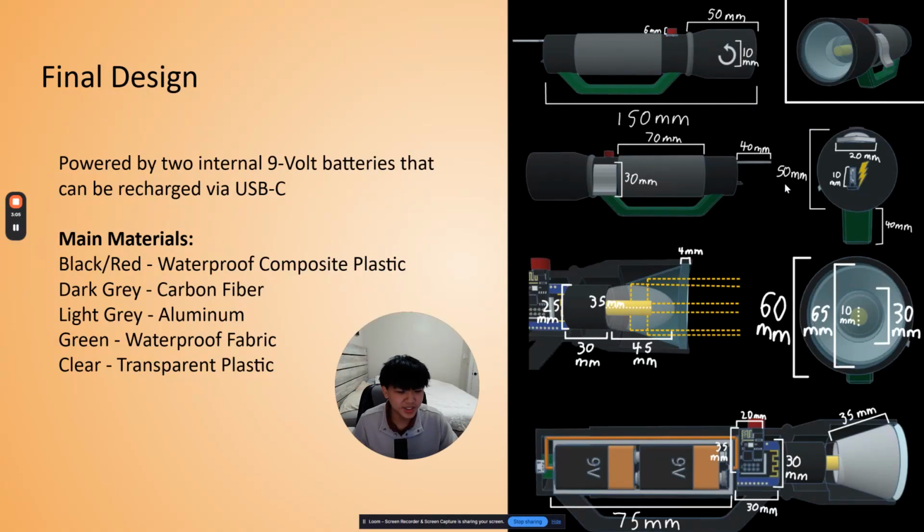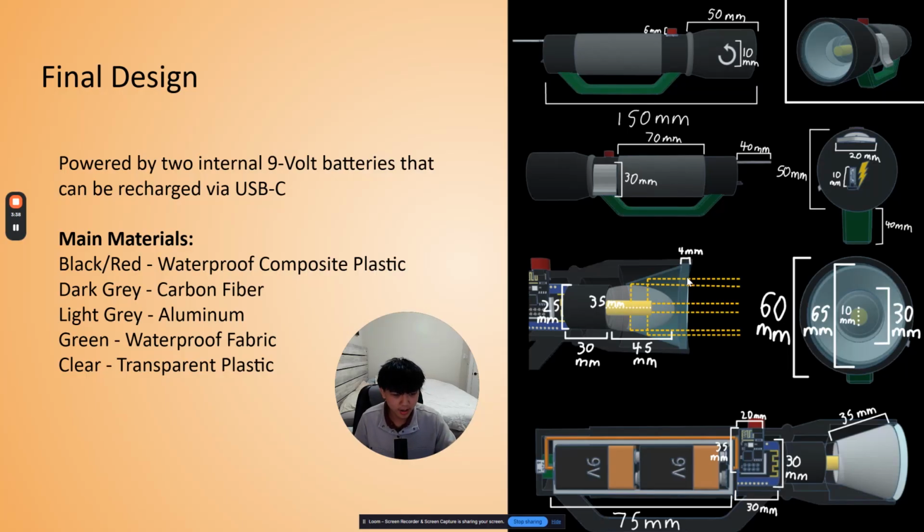The final design can be seen in the technical drawing on the right. So basically, our flashlight is powered by two USB rechargeable 9-volt batteries with a single light bulb, and this light bulb was way bigger than the previous design's light bulbs. It's surrounded by aluminum housing that reflects beams of light, and this housing can also be changed by rotating the front of the flashlight.